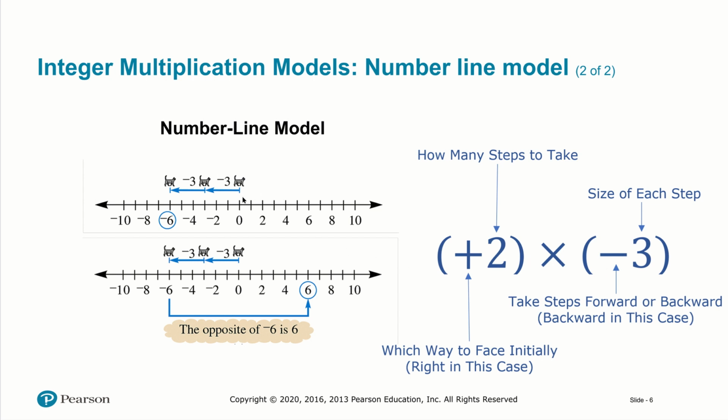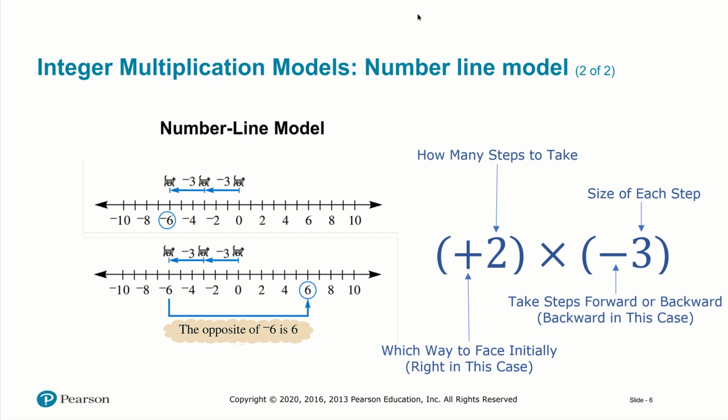So we're going to basically take 2 hops of 3, and notice we would end up at -6. Try this with other variations on the signs. Make sure you practice and get comfortable with that. It's quite a lot of fun actually once you get the hang of it, and you can see why some of these results end up the way that they do.